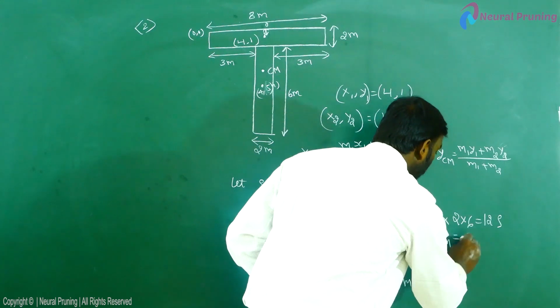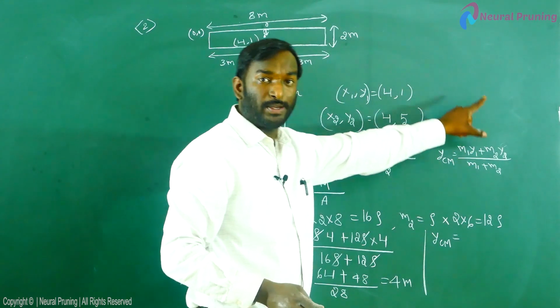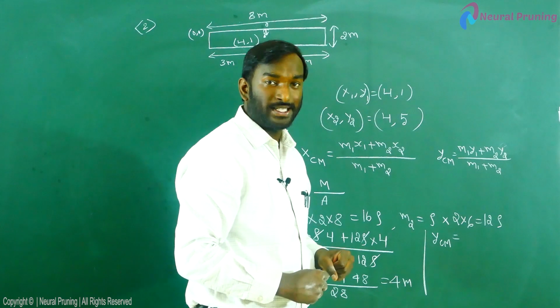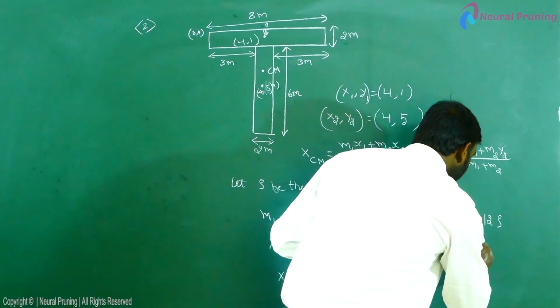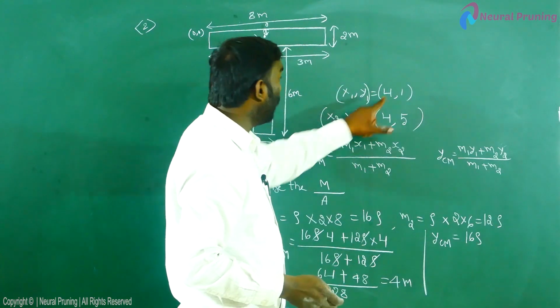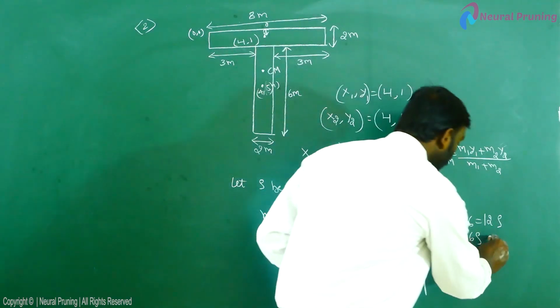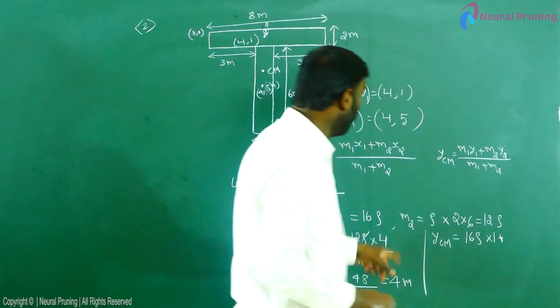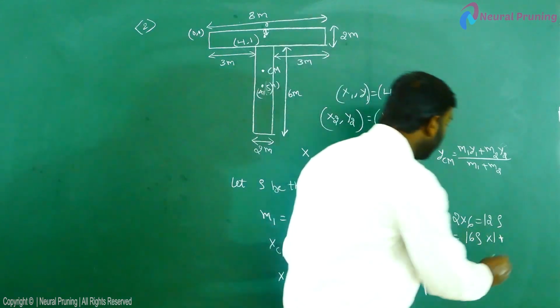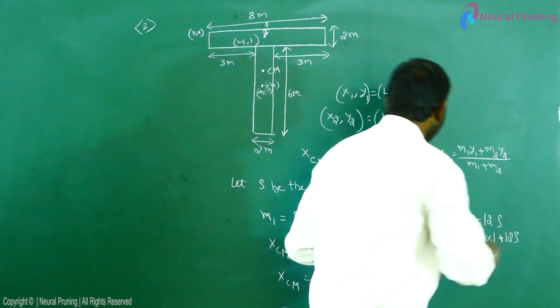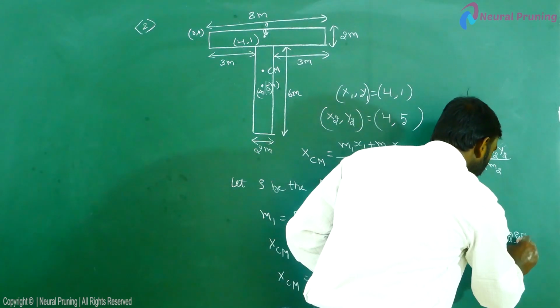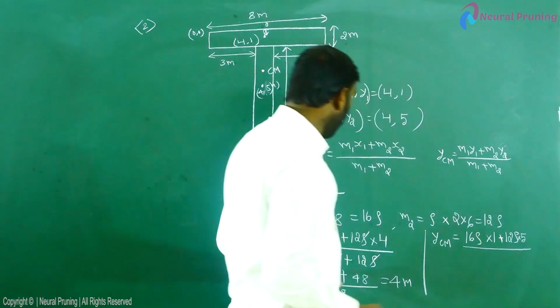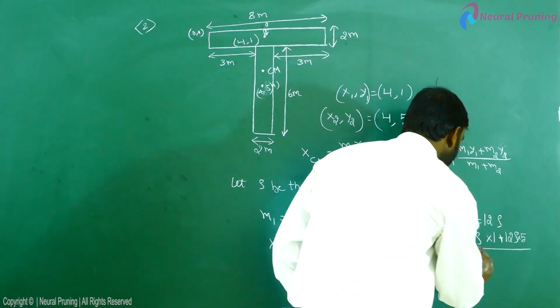Similarly, YCM is equal to (M1Y1 plus M2Y2) by (M1 plus M2). M1 is 16 rho, substitute all the values, into Y1, which is 1, plus M2, 12 rho, into Y2, which is 5, by total mass 28 rho.